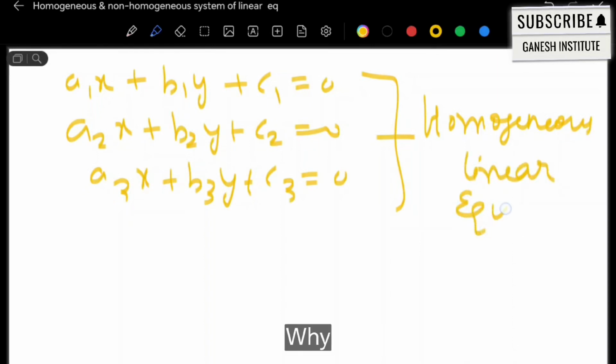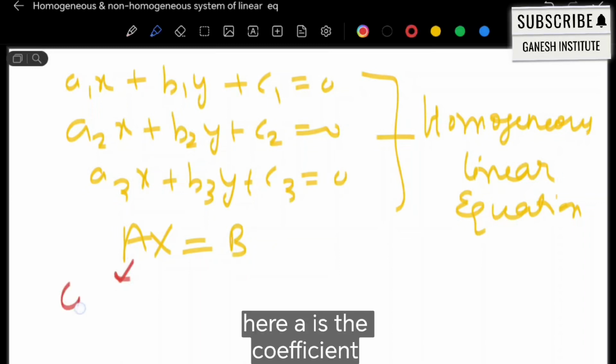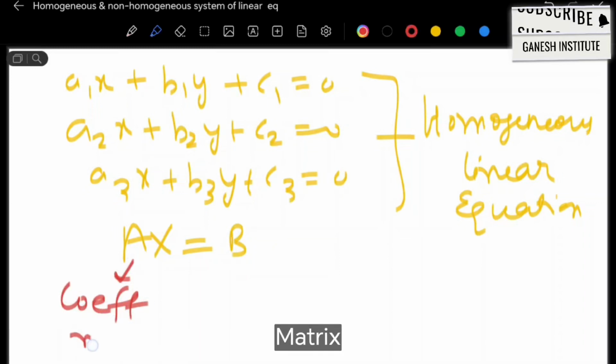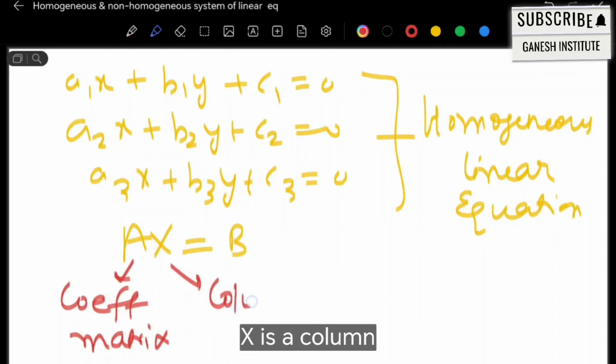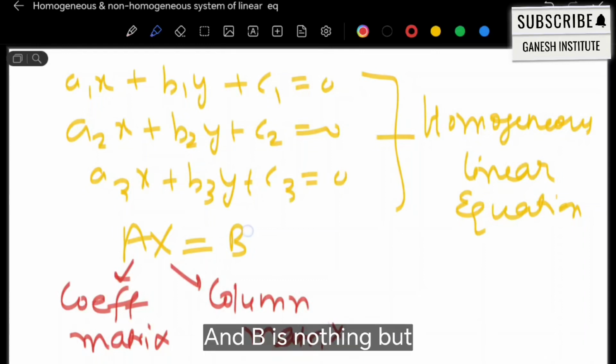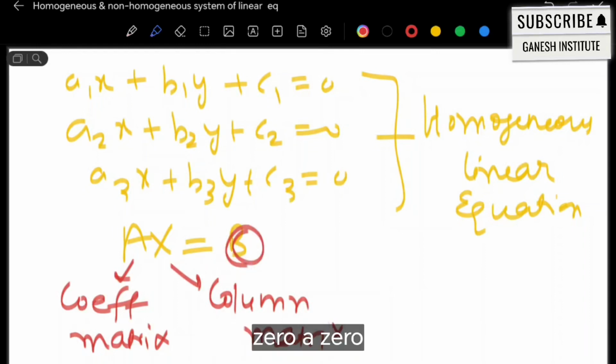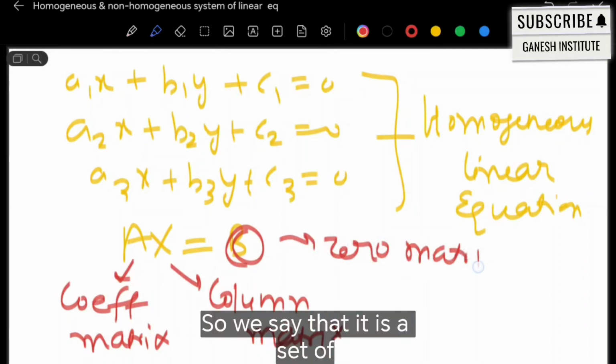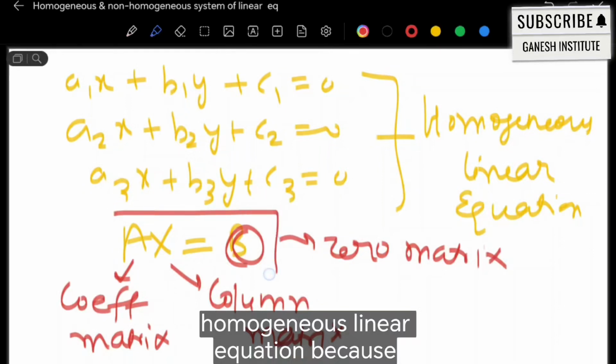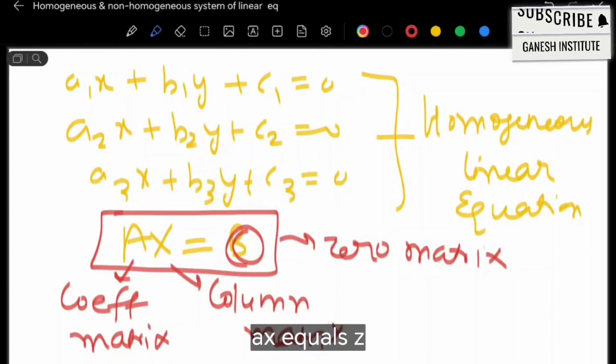Why? Because it is of the form AX = B. Here A is the coefficient matrix, X is a column matrix, and B is nothing but 0, a zero matrix. So we say that it is a set of homogeneous linear equations because AX equals 0.